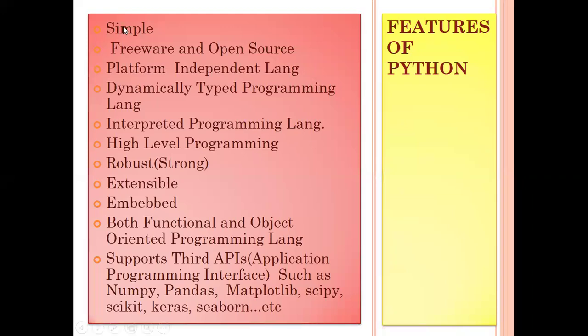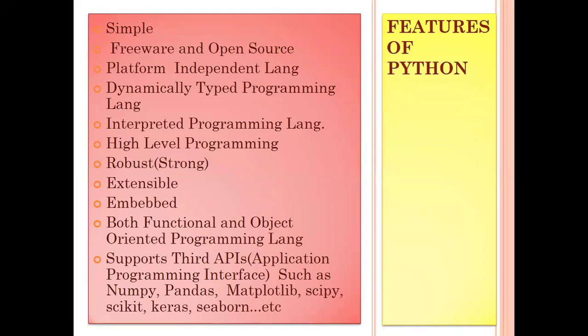So the 11 features are: it is a simple programming language, freeware and open source, platform independent language, dynamically typed programming language, interpreted programming language, high-level programming language, robust, extensible, embedded, both functional and object-oriented.